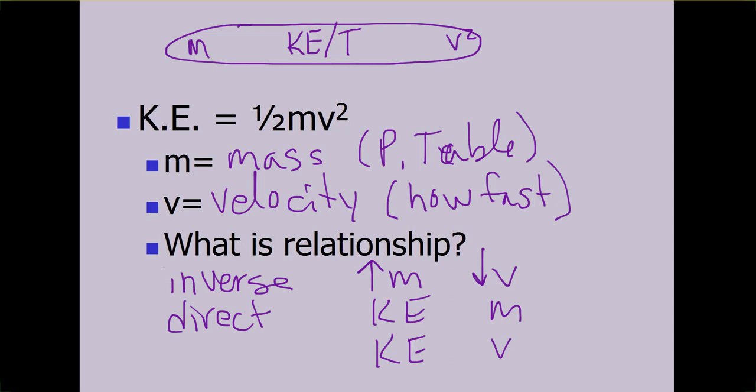So if I'm looking at the same molecule and looking at two different situations, so I'm going to put my finger over the M. If my kinetic energy or my temperature increases, what will this do to the velocity? And that's right, you'll see it go up. So if your kinetic energy goes up, your velocity will go up.